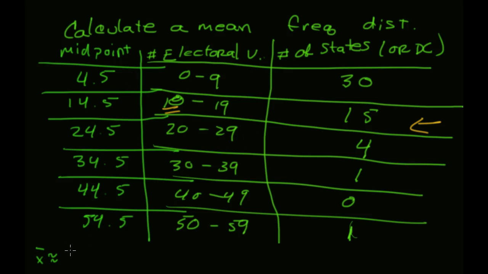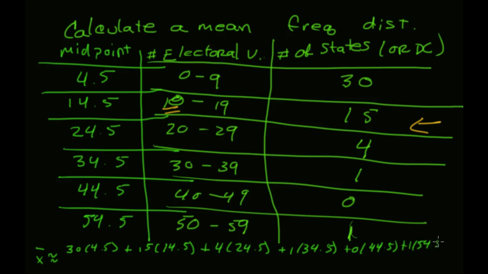Let's say there were 30 who had a midpoint of 4.5, and then there were 15 who had a midpoint of 14.5, and we had 4 who had a midpoint of 24.5, and we had 1 that had a midpoint of 34.5, and 0 who had a midpoint of 44.5, and 1 who had a midpoint of 54.5. And all total, there are 51 states plus the District of Columbia.